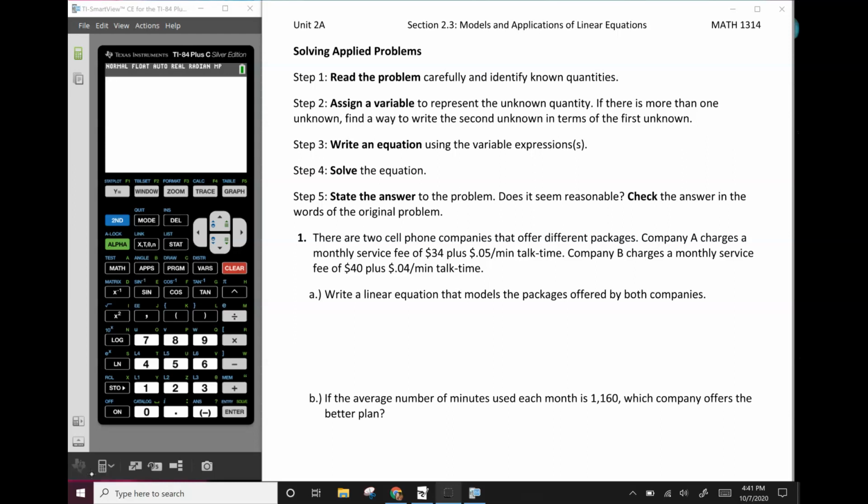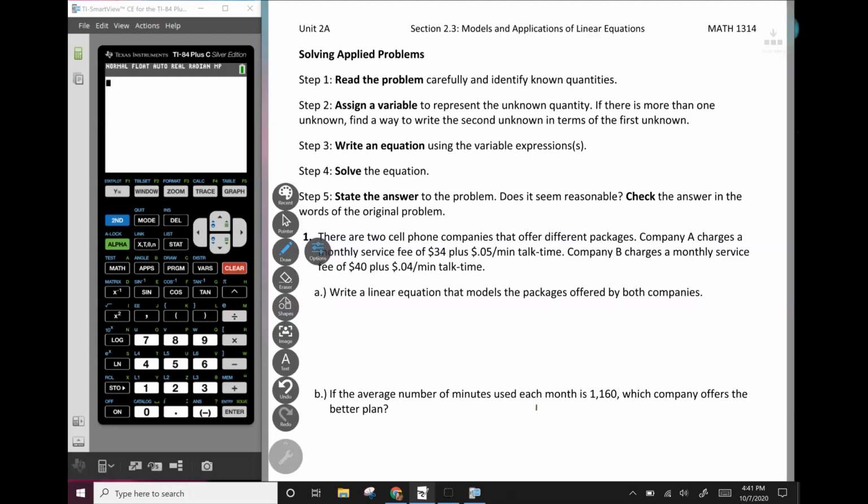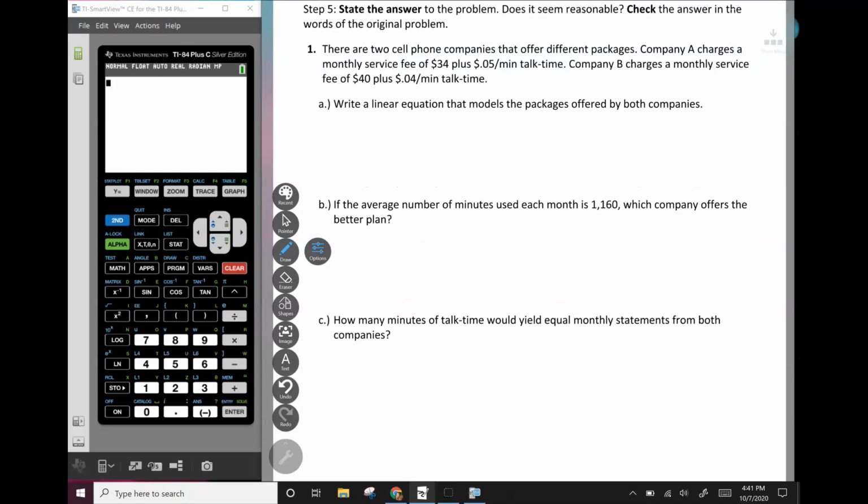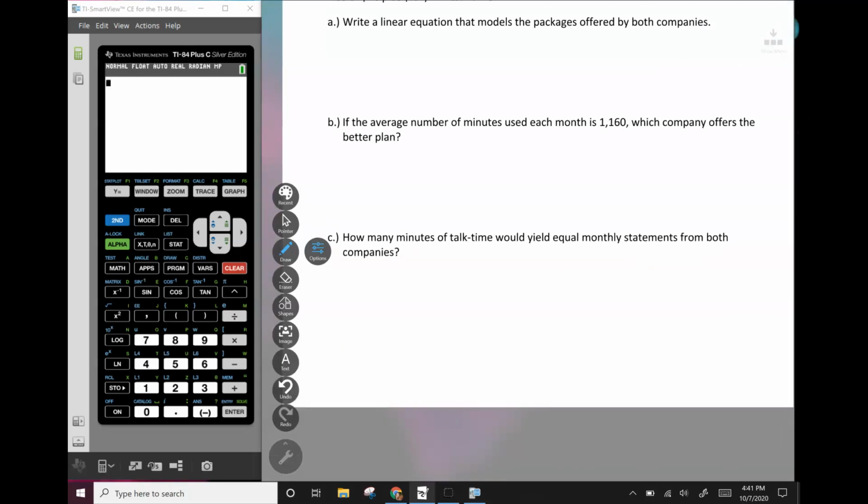So first of all, before we write the equation, we need to make sure that we're following these steps. So we read the problem. Now we want to assign a variable to represent the unknown quantity. So usually that's just what they're asking for. It's going to say at the very bottom what they're actually asking for.